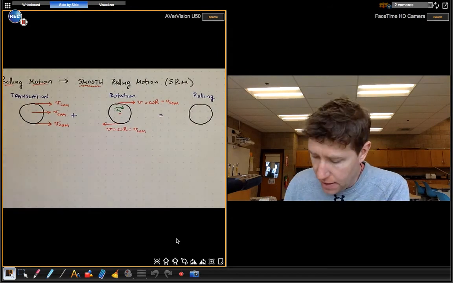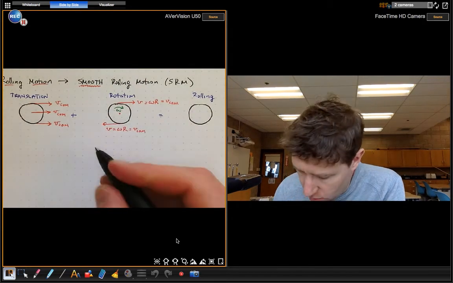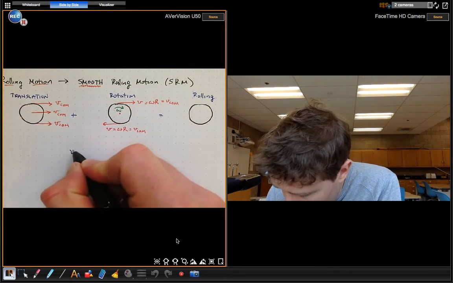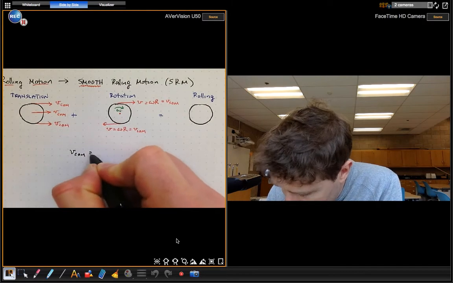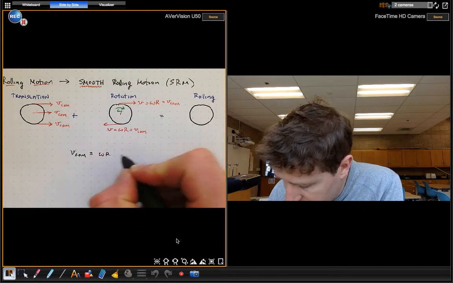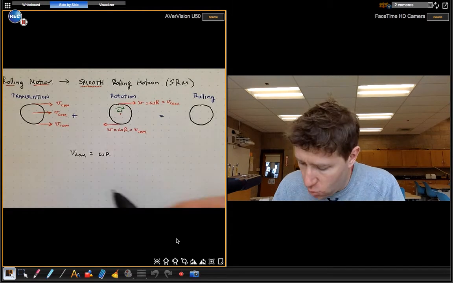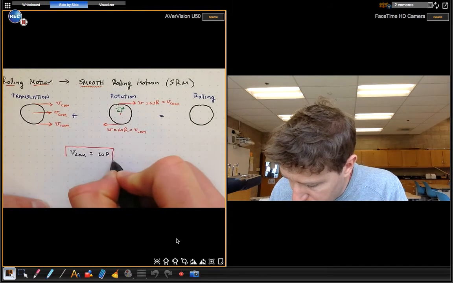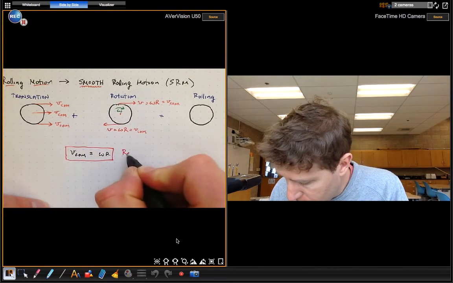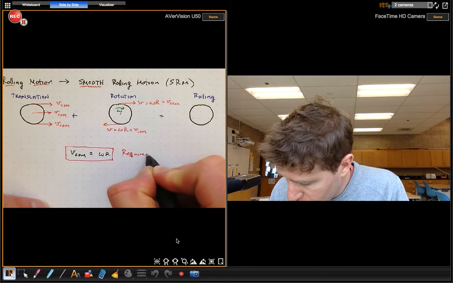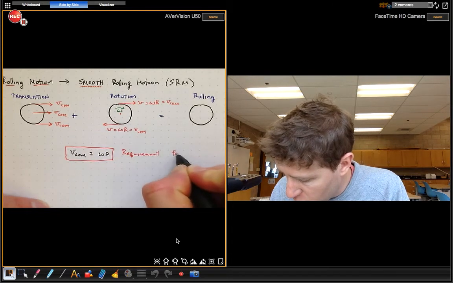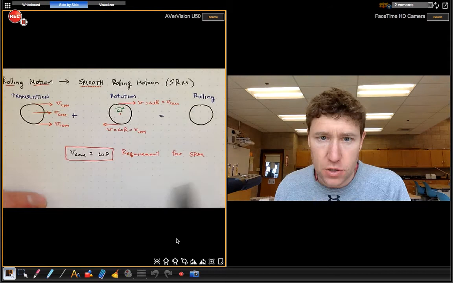I'll write that down here so you aren't confused: v com has to equal omega r. This is a requirement for smooth rolling motion.